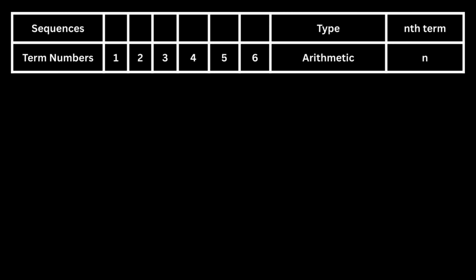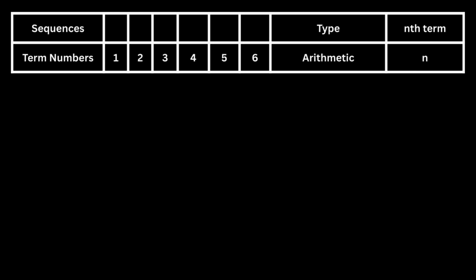This is the most basic arithmetic sequence, also known as term numbers. Write 1, 2, 3, 4, 5, 6, and on the left, write term number. And the nth term for these term numbers is n. Remember, the nth term of the term sequence 1, 2, 3, 4, 5, 6 is n.